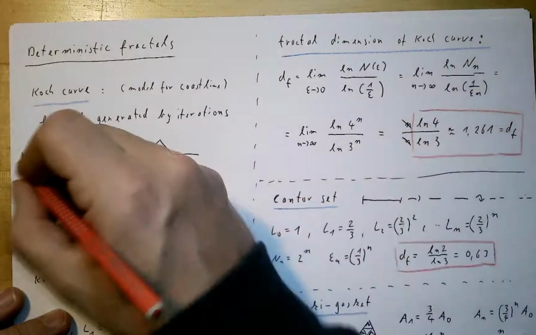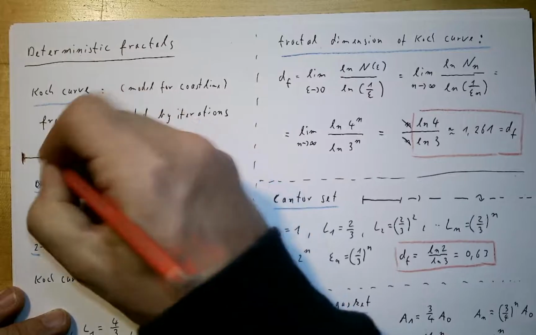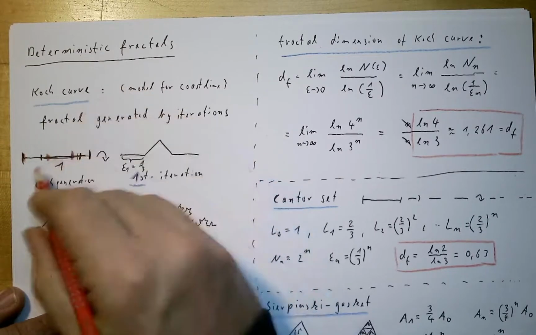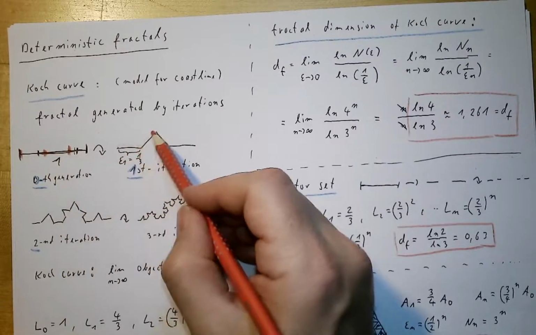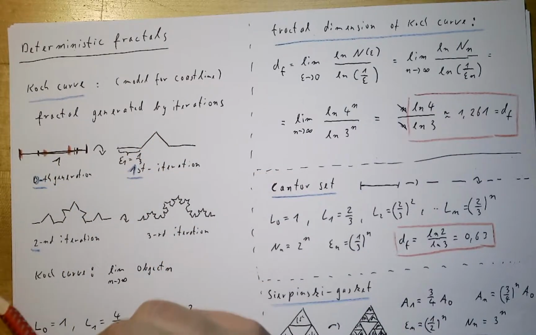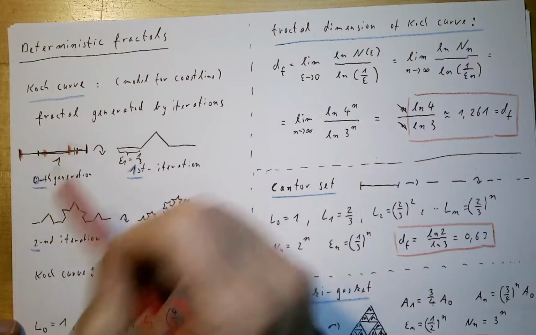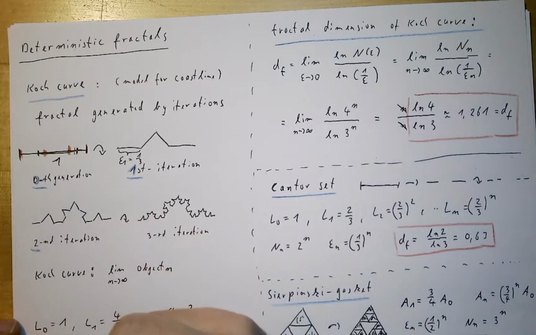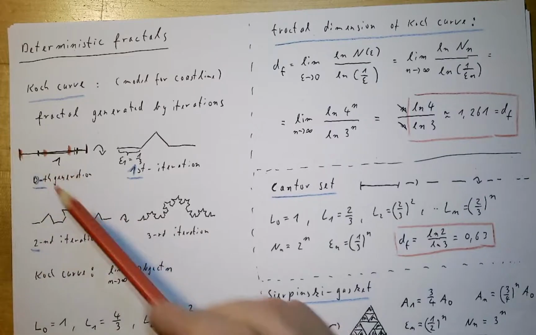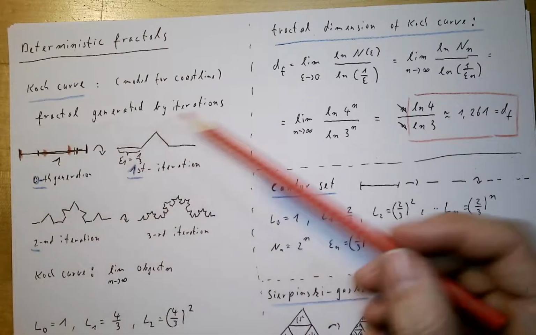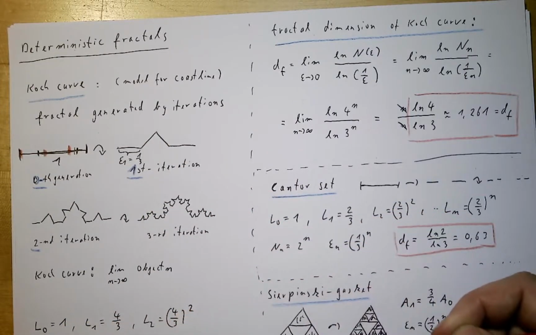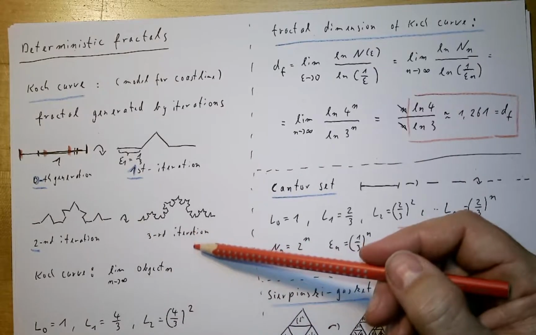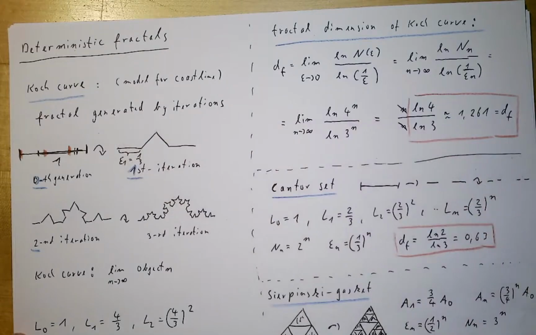So that was my old line, and I've divided it into 3 segments. And in the Koch curve, I always take the middle segment, which gets the deformation. And now in a random fractal, I can take any of the 3 with the same probability to make the deformation. Then you see, I will always do this deformation. So this meaning the lengths, the scales, and the number of objects to cover this will always be the same. So the fractal dimension and everything will be the same, but the object will look very different.